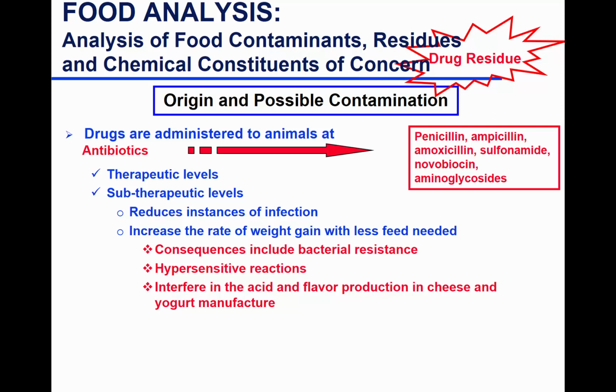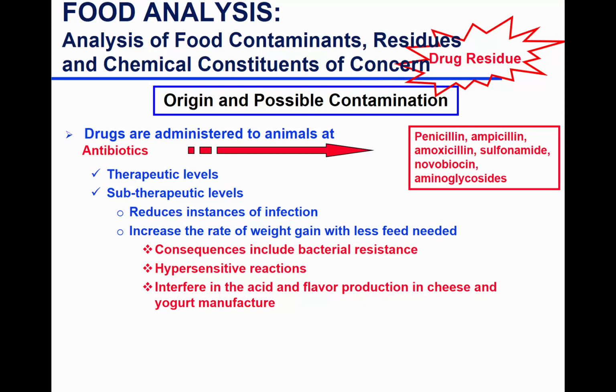So in milk and meat, there shouldn't be any antibiotics in there because if we get exposed to antibiotics, we end up having bacterial resistance or sensitivity to antibiotics. So some of these antibiotics, people have allergenicity towards or sensitivity towards.